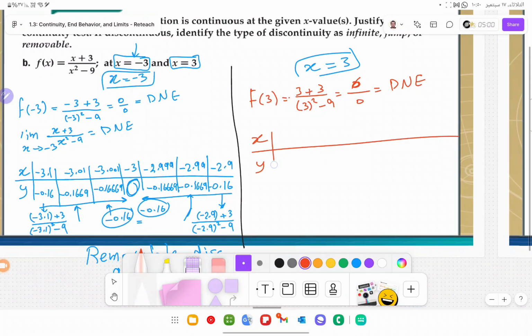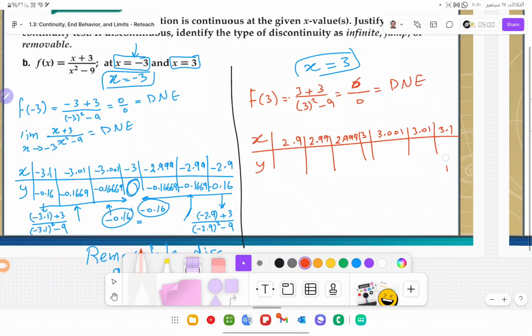I don't have to write the limit because I'm 100% sure the limit will be similar to this. So let's test 3 from the right, which is greater than 3: 3.001, 3.01 and 3.1, and here 2.999, 2.99, and here 2.9.